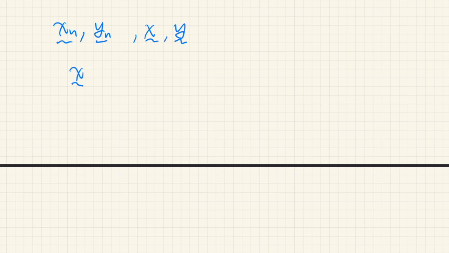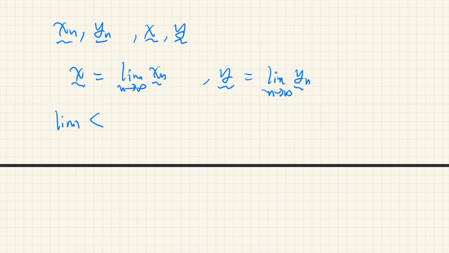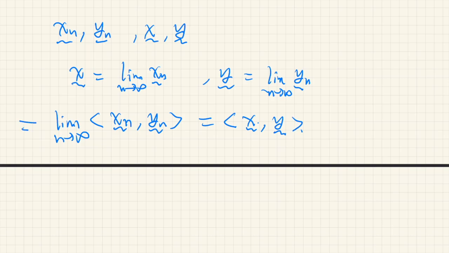If x is the limit of the sequence xn, and y is the limit of the sequence yn, then the limit of the inner product between xn and yn as n goes to infinity converges to the inner product between x and y. Okay, so let's prove this.